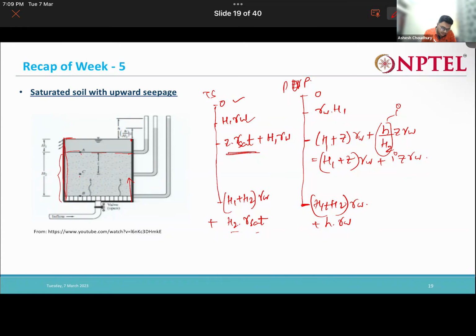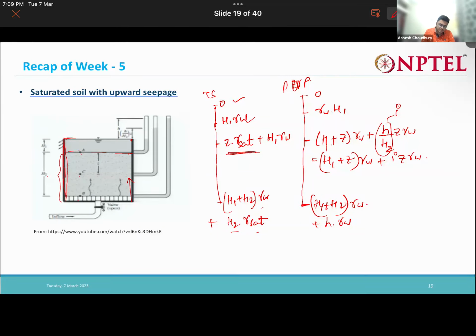It will be Z into gamma saturated plus H1 into gamma W. This one is also clear. Now at the bottom, it will be H1 plus H2 into gamma W plus H2 into gamma sat. This one is also clear.